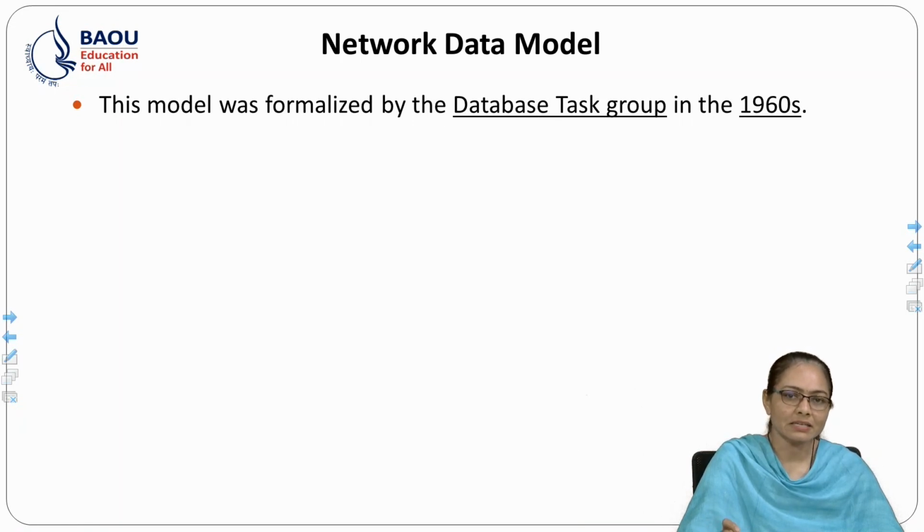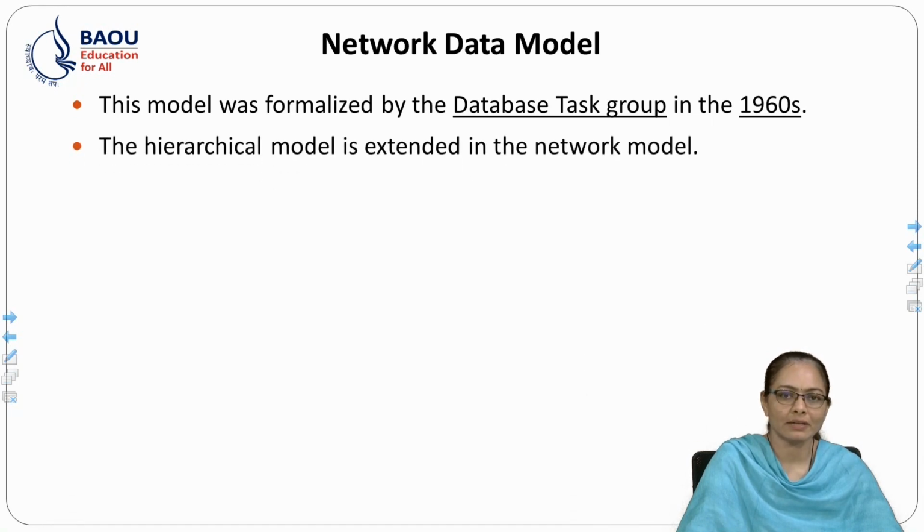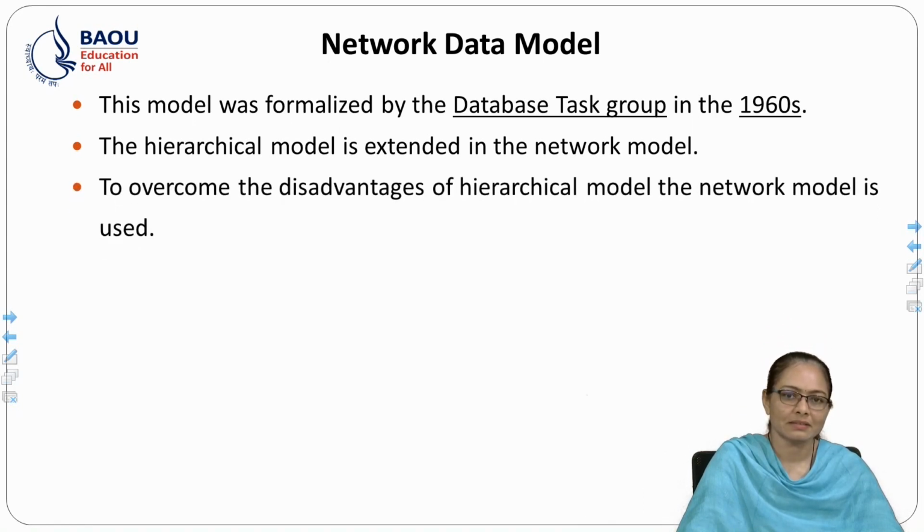The hierarchical model is extended in the network model. Some limitations in hierarchical models are overcome by the network model. So to overcome the disadvantages of the hierarchical model, the network model is used.